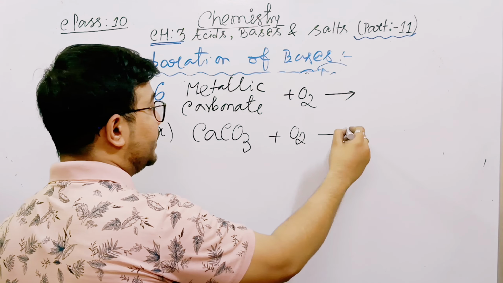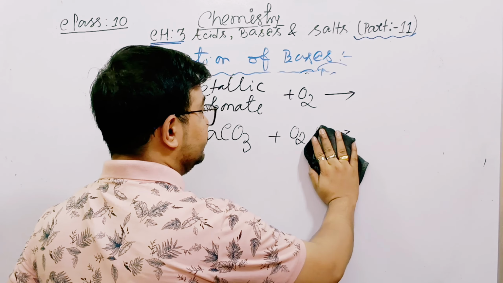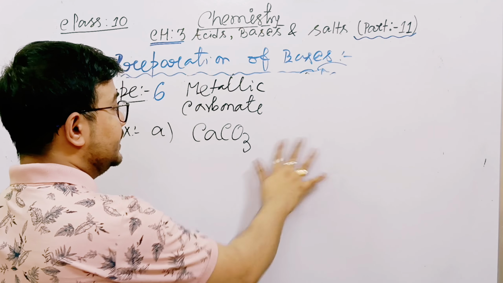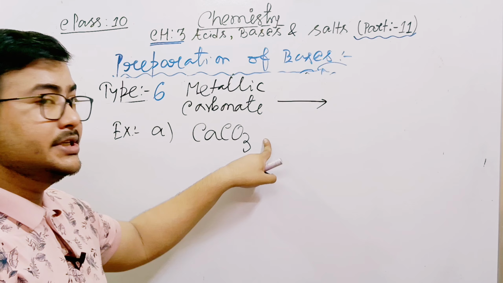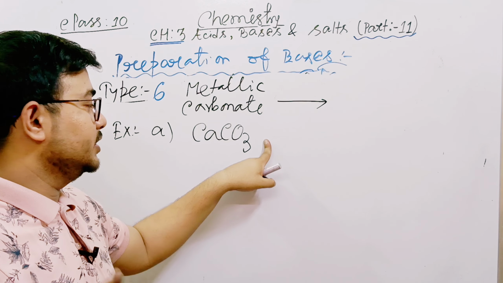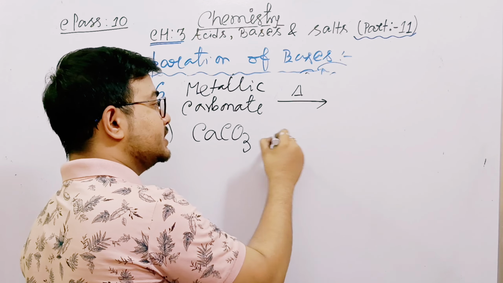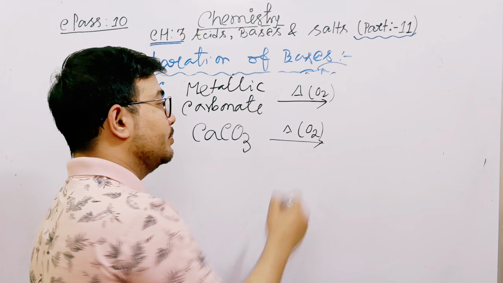Whenever you burn this metallic carbonate, in the previous one it was written plus oxygen, you can write that. Why? Because burning or heating means oxygen is required. So oxygen is here. You can write it, no problem.